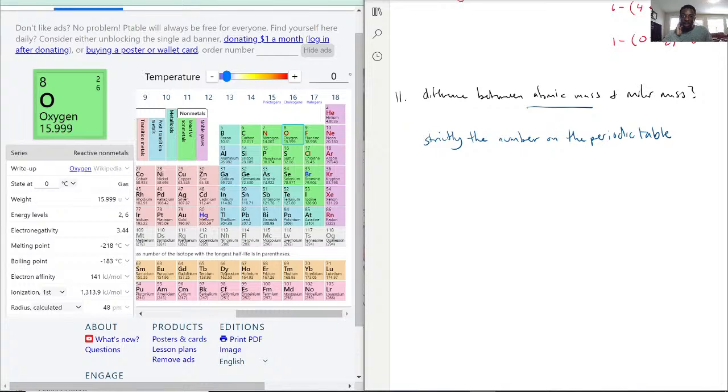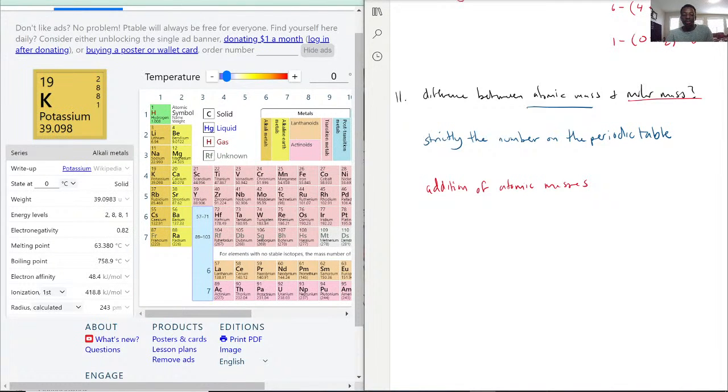Molar mass now is the addition of atomic masses. What do I mean by that? Sometimes you're just adding just one thing. If I said, what is the molar mass of potassium?